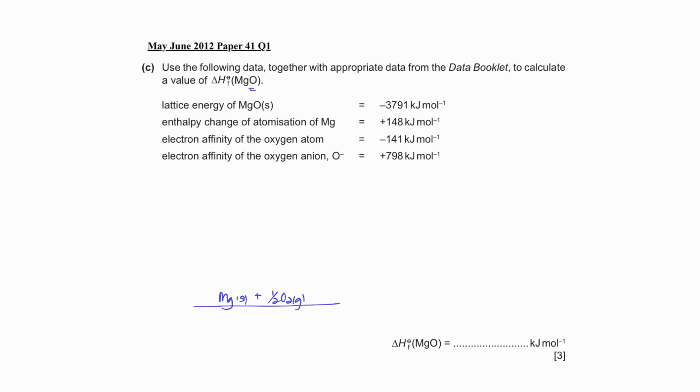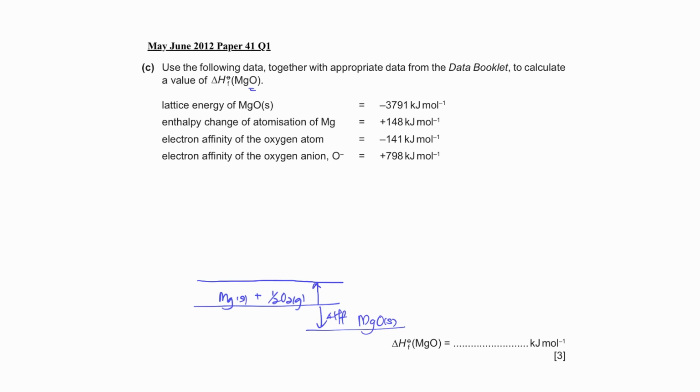Then we have an arrow down for the enthalpy change of formation for magnesium oxide, which is the product of the reaction. Next, we start with the enthalpy change of atomization of magnesium, where since the value is positive, which is an endothermic reaction, the arrow will be pointing up.